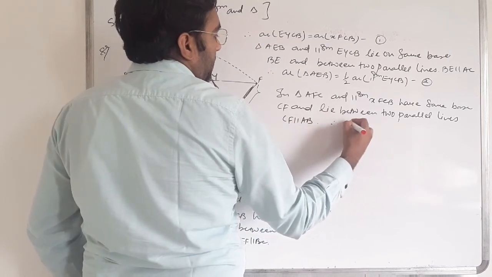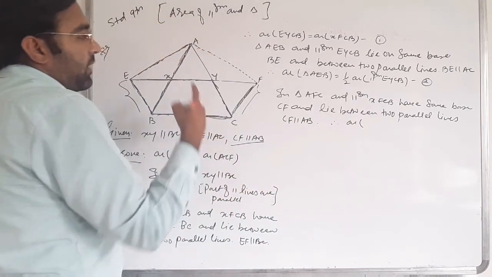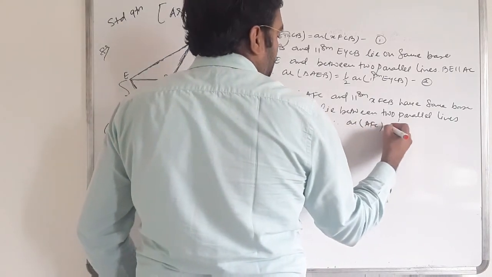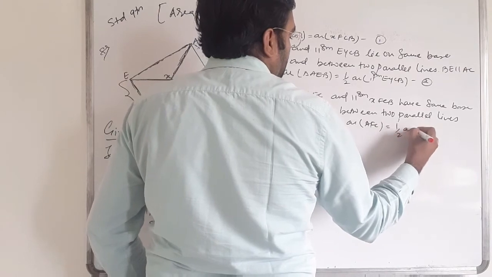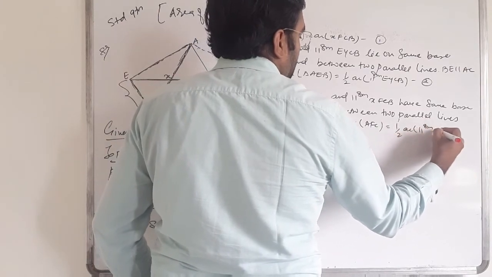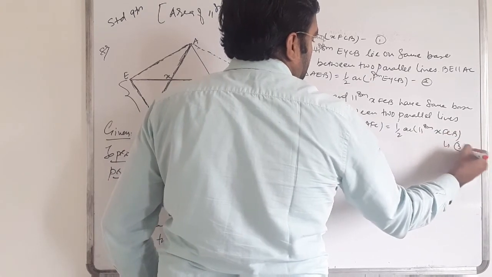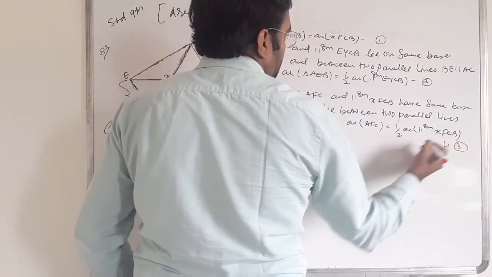Therefore we write that area of AFC is equal to half of the area of parallelogram XFCB, and we give this as equation 3.